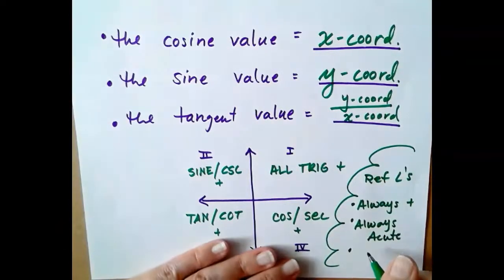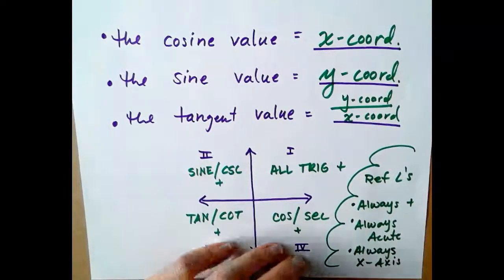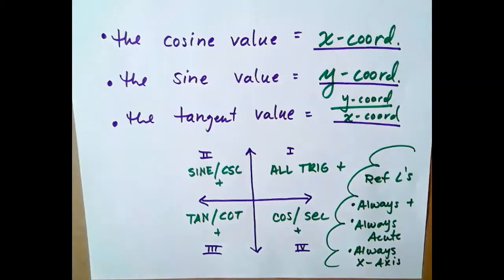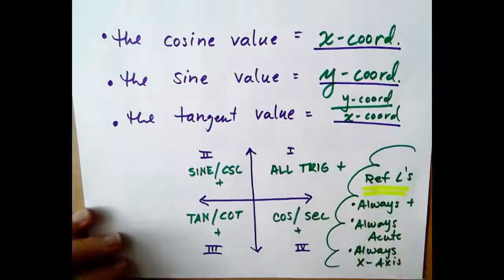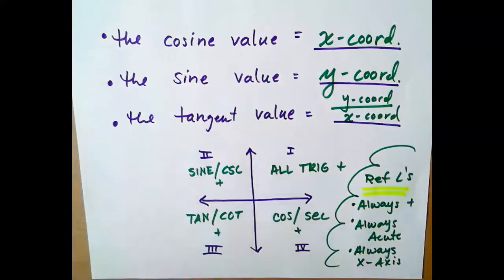And they are always formed with the x-axis, because we only draw altitudes up to the x-axis or down to the x-axis. So these are the always statements to remember about reference angles. Always positive, always acute, always formed with the x-axis. That is how we utilize the unit circle.